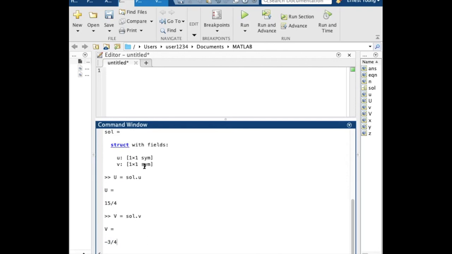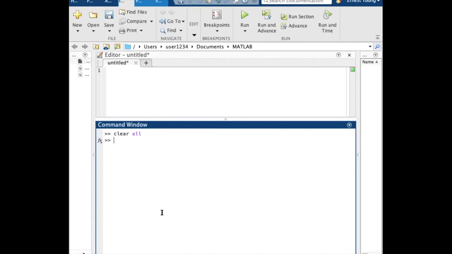Right. So we can do the same thing to solve a triple simultaneous equation. So let's go ahead and try it out, clear all. I define my symbols x, y, and z.